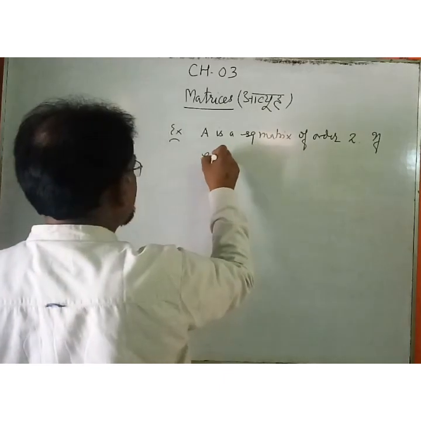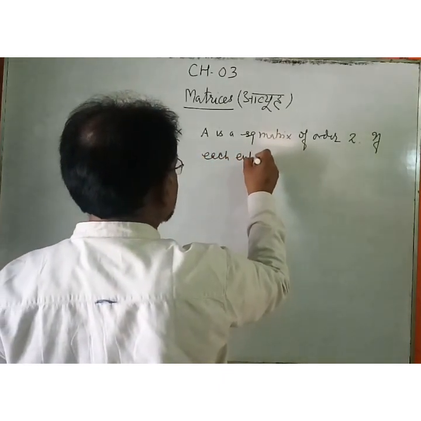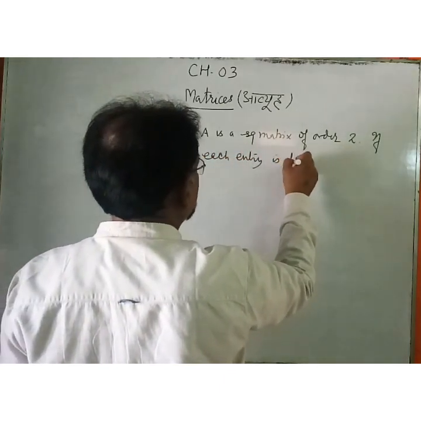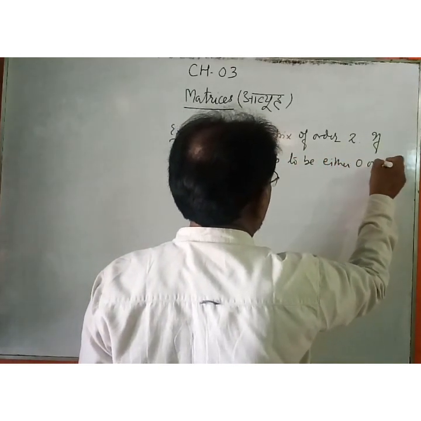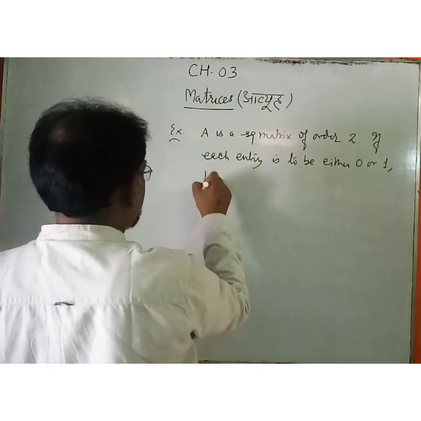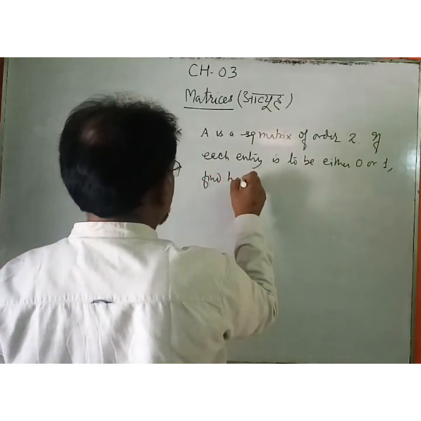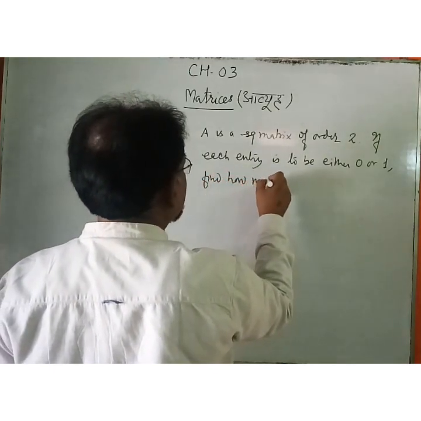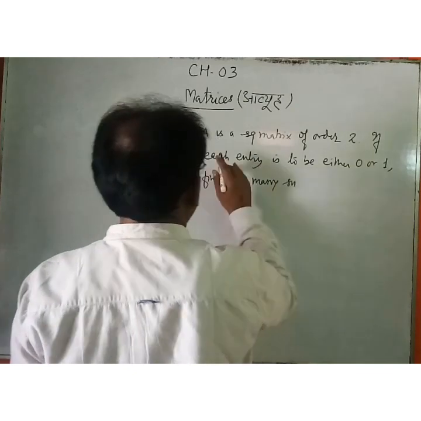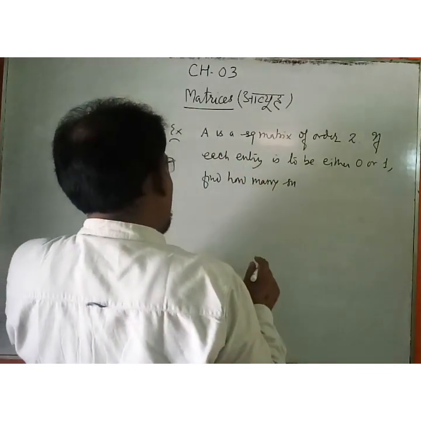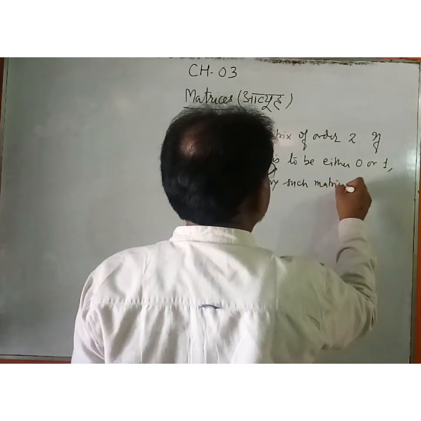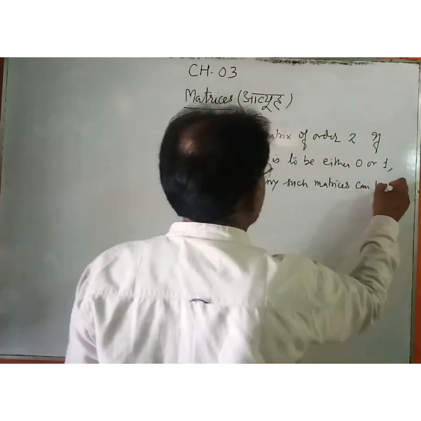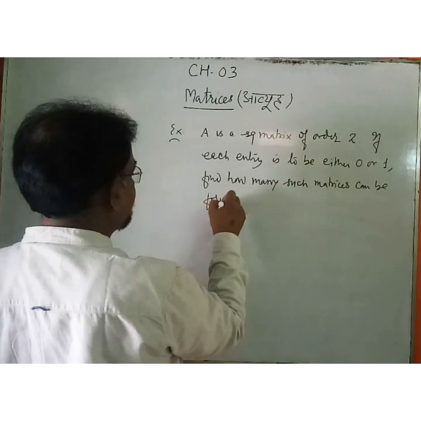If each entry is to be either 0 or 1, find how many such matrices can be formed.